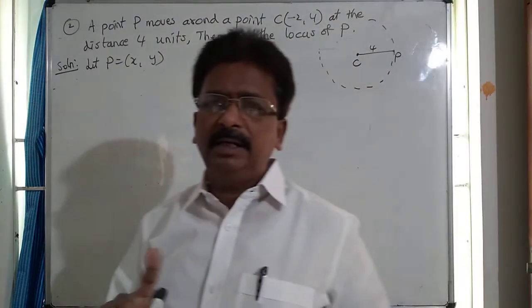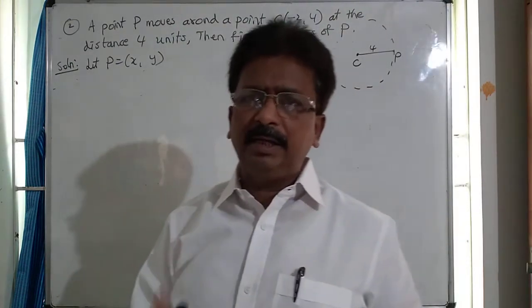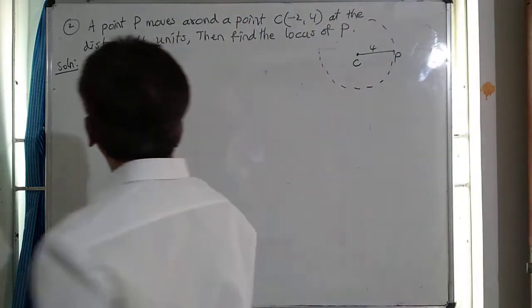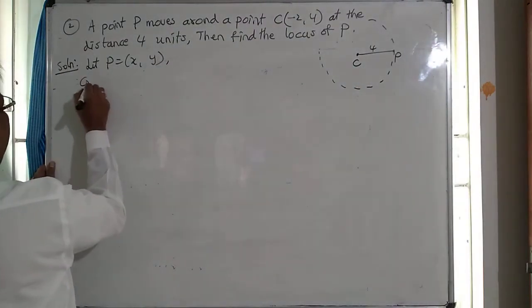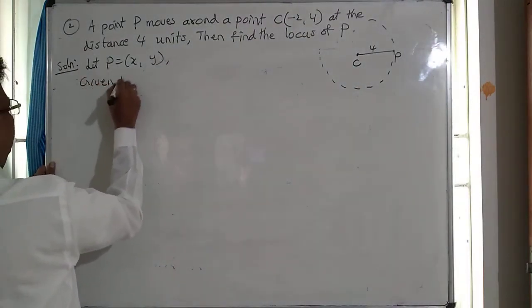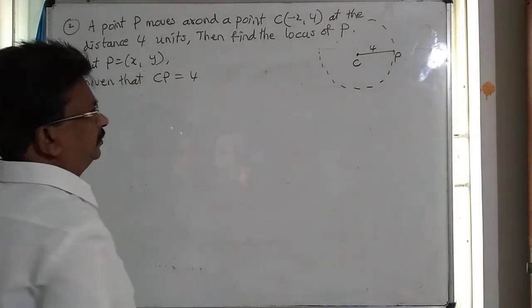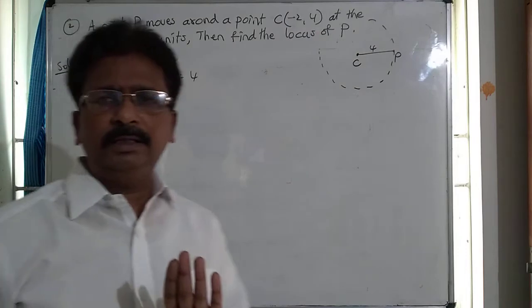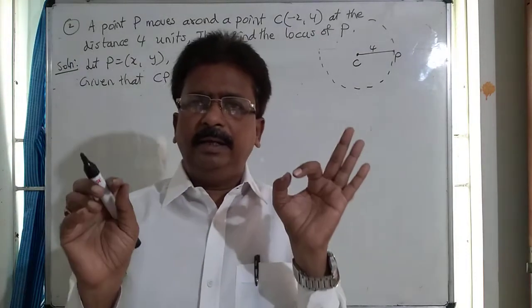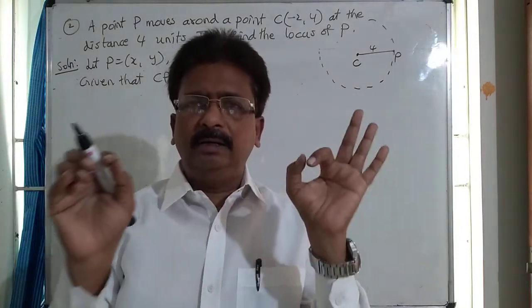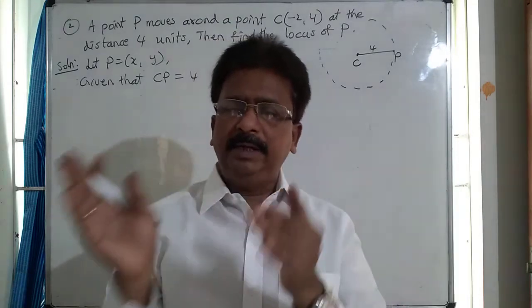So the given condition is clearly CP is equal to 4. What is the meaning of CP? The distance between C and P.